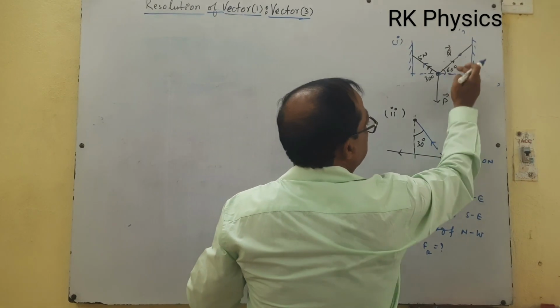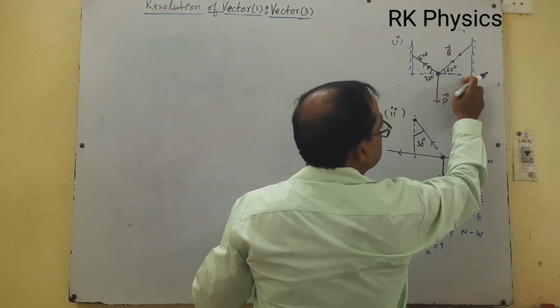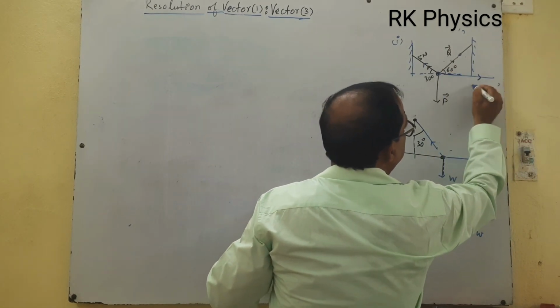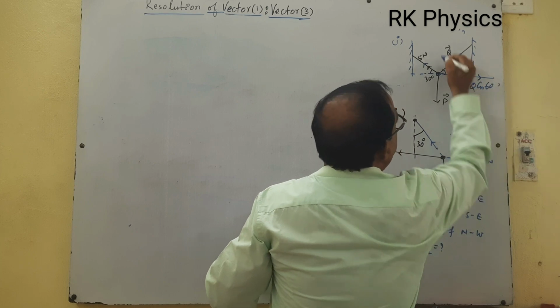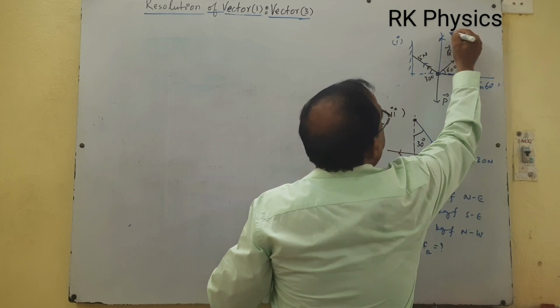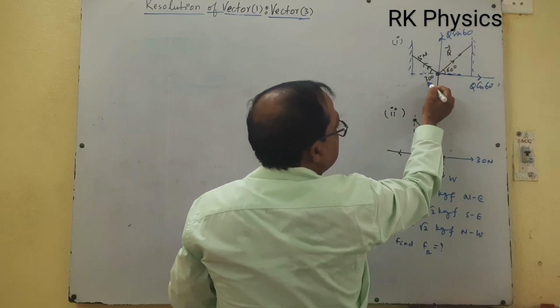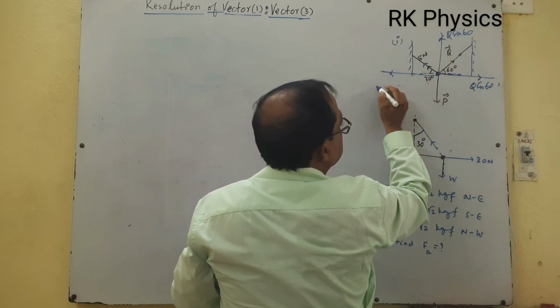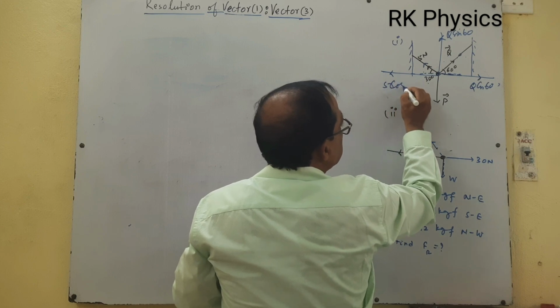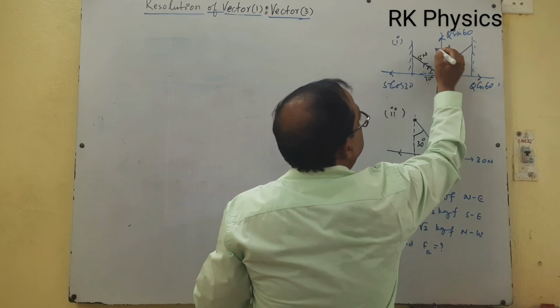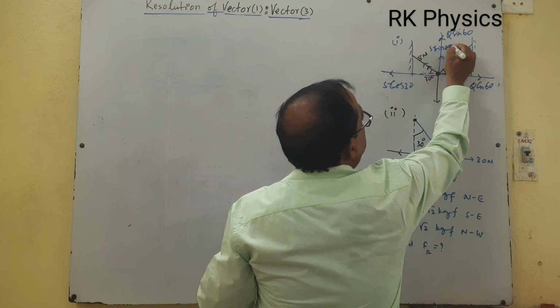Mark, Q is a vector which makes angle 60 degree with this line. Along this line its component is Q cos 60, perpendicular to this line its component is Q sin 60. Similarly 5 makes an angle 30 with a line. Along that line its component is 5 cos 30 and along this line its component is 5 sin 30.